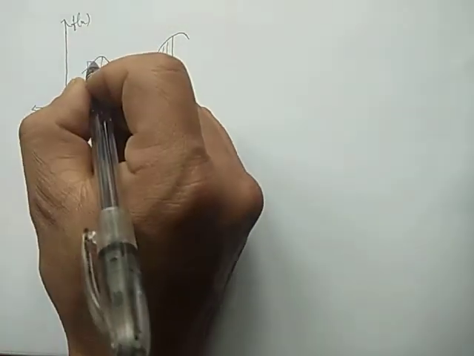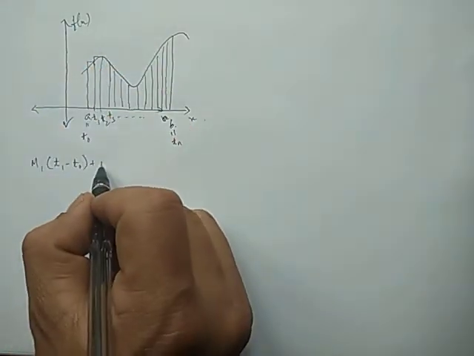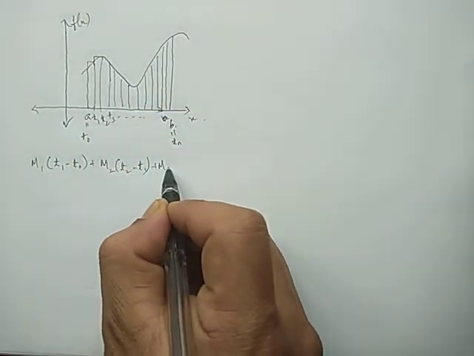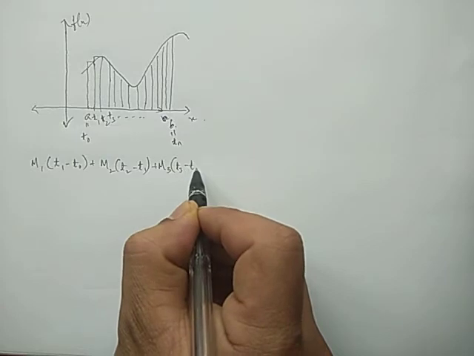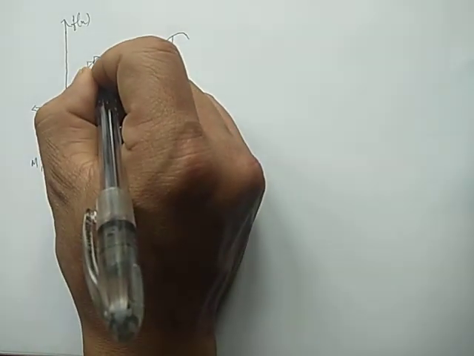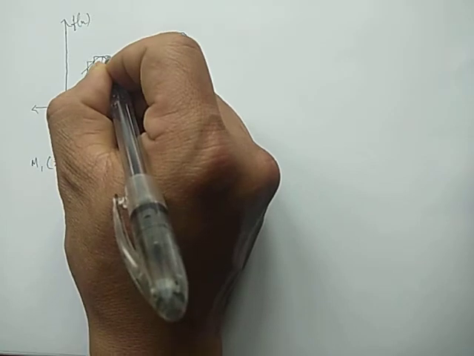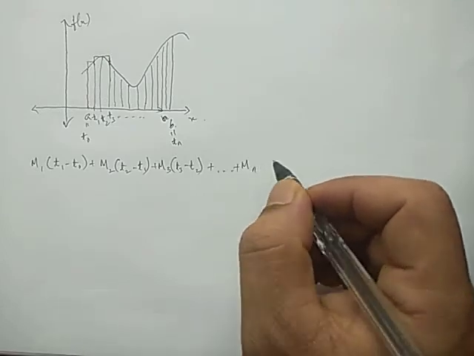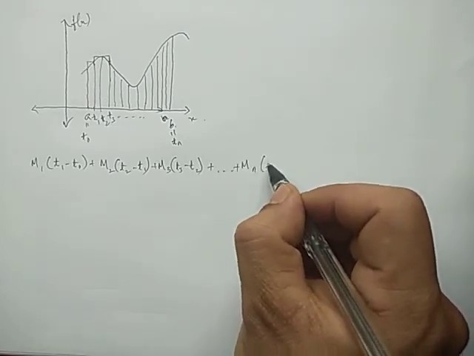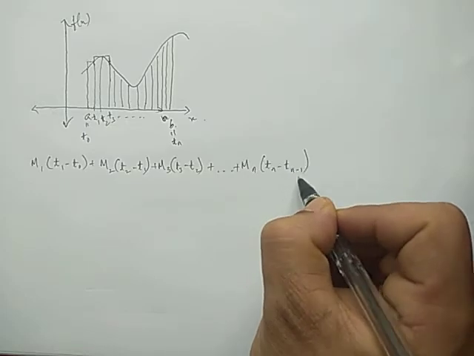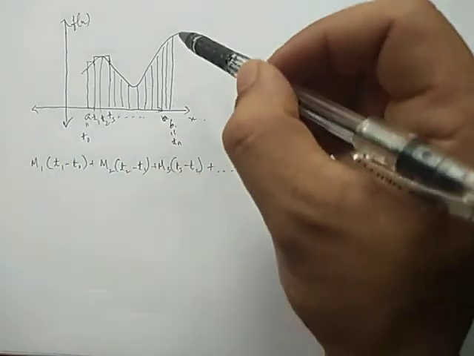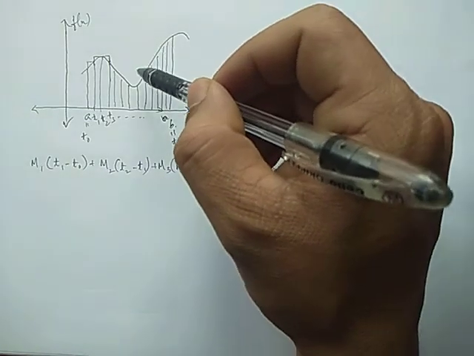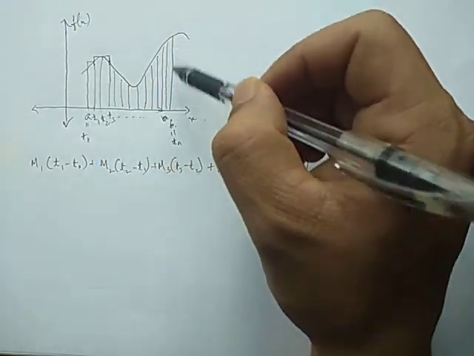The second will give me the area of this one, m2 into T2 minus T1. My third will give me m3 into T3 minus T2. This will give me again this area. So if I continue like this and reach Tn minus 1, then I will be very close to the actual area bounded by this curve, this line, and this line.